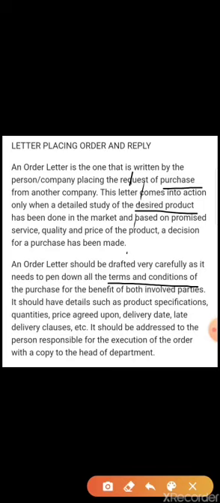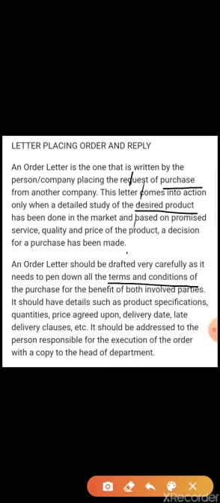It should have details such as product specifications, quantities, price agreed upon, delivery date, late deliveries clauses, etc. This order letter should have all the details about the product first: what is the quantity, what is the price, the delivery date, when it is going to be delivered, late deliveries, and if it gets late, then what are the clauses, and if it gets damaged, what are the clauses for that.